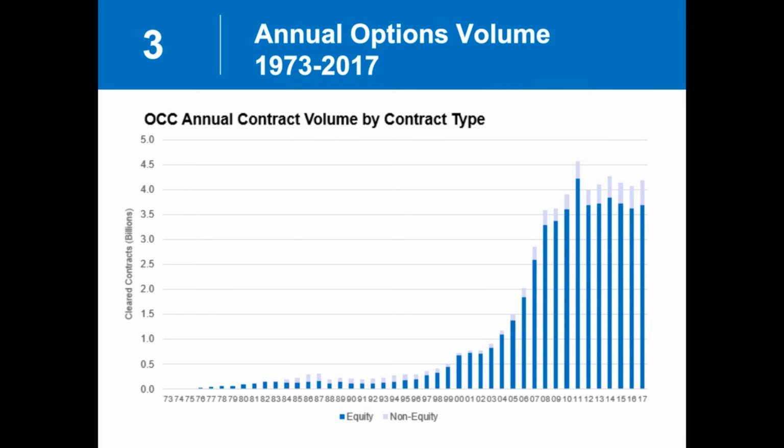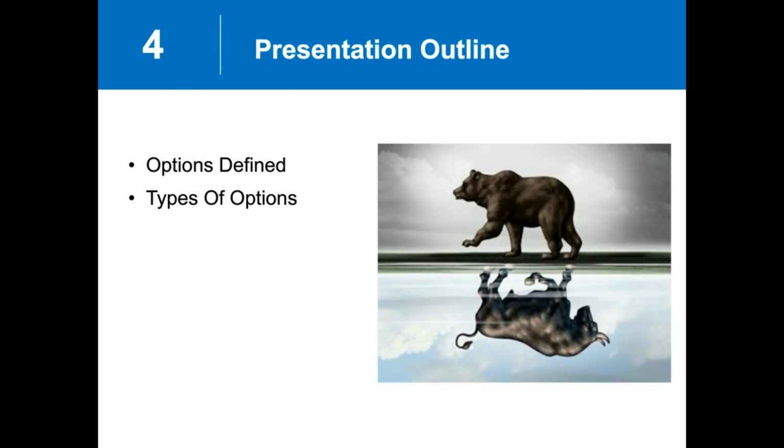So let's go ahead and get started with what we're going to talk about today. Here's our outline. First, we're going to look at what options are and why we use them, and different types of options. We're going to look at specific contract terms and some of the different processes involved in options trading, such as exercise and assignment.